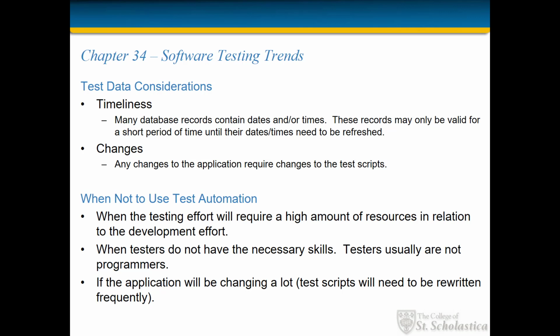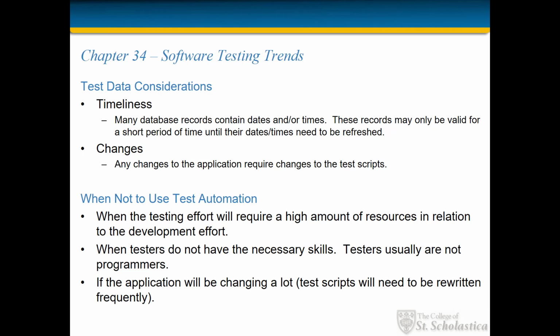So your testing team may not have the skills necessary, and it can take a lot of time. It's not necessarily trivial. So the resources, both in time and training to do that testing, are going to be a lot. And so really you'd only want to use automation if you're going to be using this program a lot, doing a lot of testing, and maybe for a long period of time.